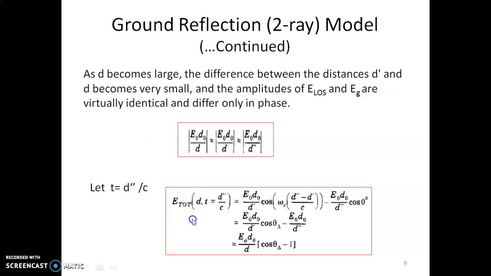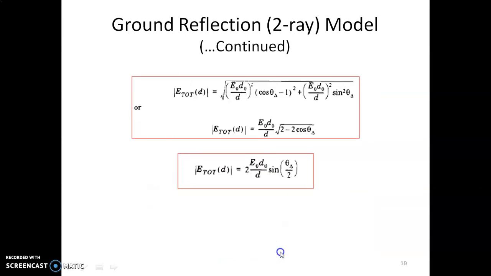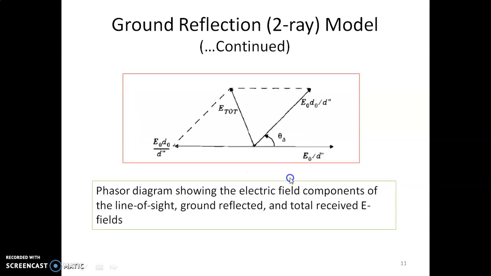Total electric field is given by E naught d naught by d cos theta delta minus 1. This is the simplified equation. Modulus of E total of d is equal to E naught d naught by d root of 2 minus 2 cos theta delta. This can be written as 2 E naught d naught by d sin theta delta by 2.